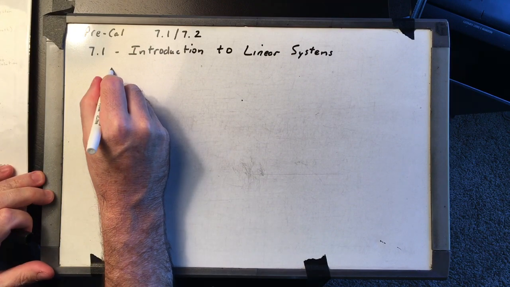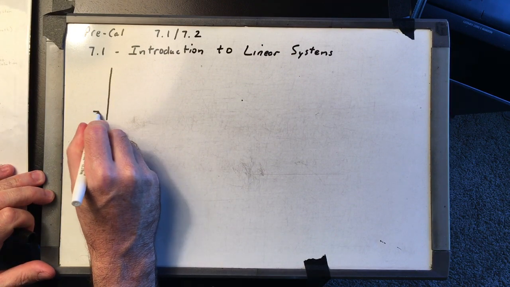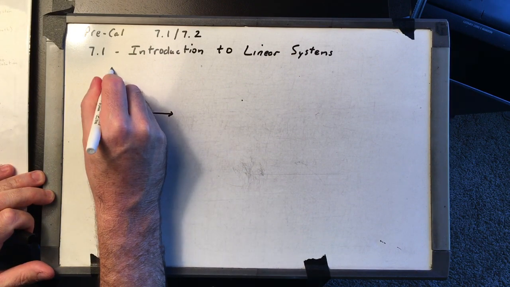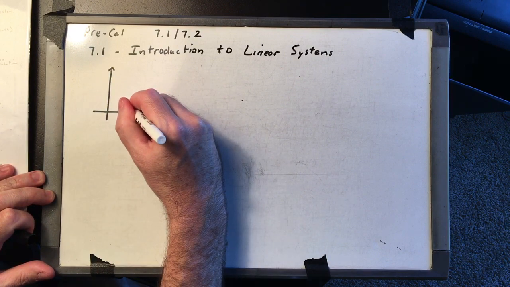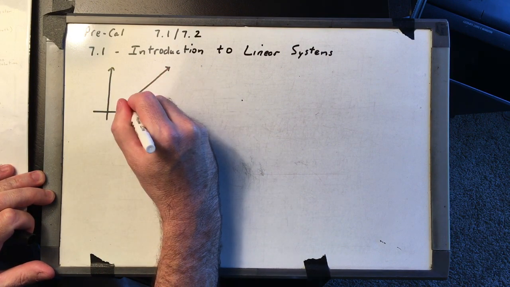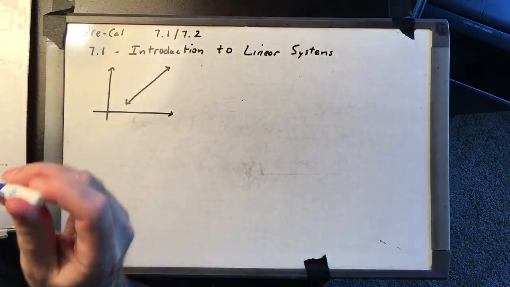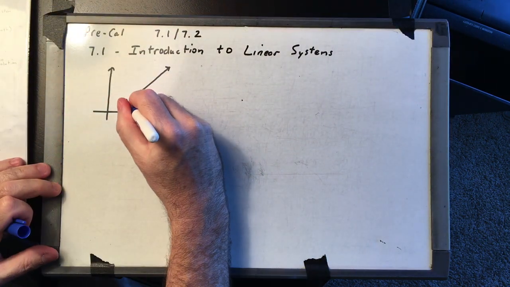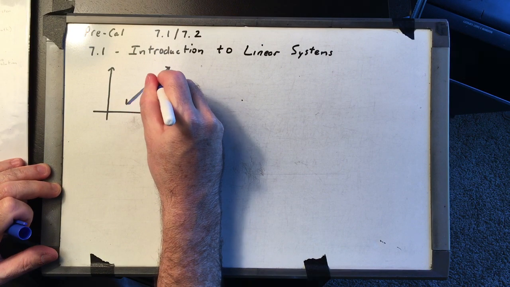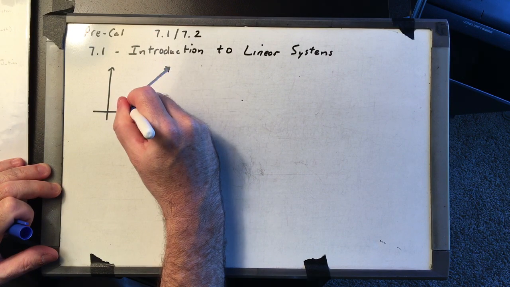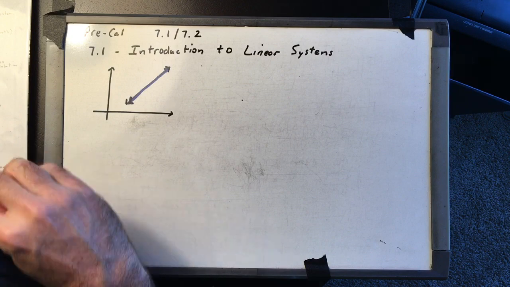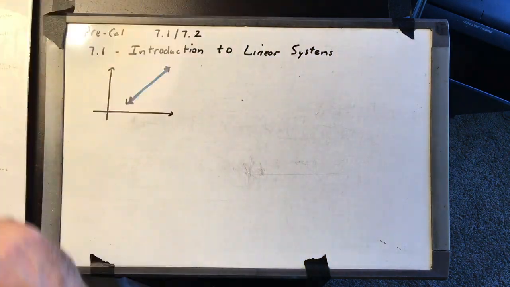And then the third situation, let's say you had two lines. Do one in black and try the other in blue. Two lines that are just right on top of each other.